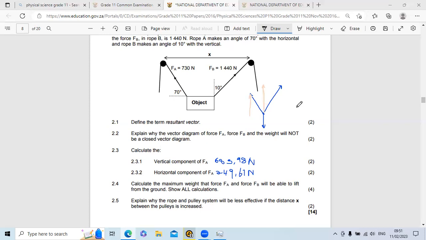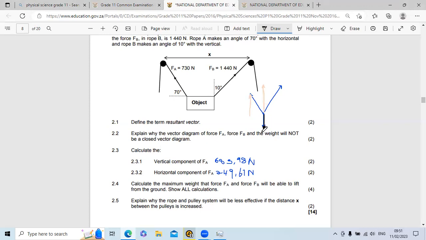So first thing we have to recognize is what direction and what axis our weight is going to be on. Because every time they say weight, they mean the gravitational force. In physics, we all know that the gravitational force is always pointing downwards.